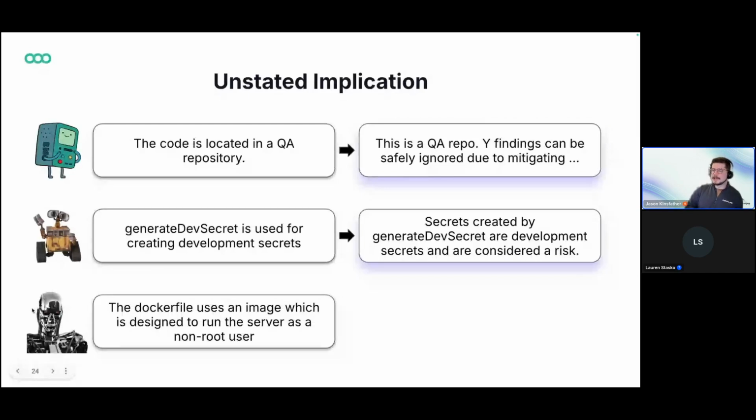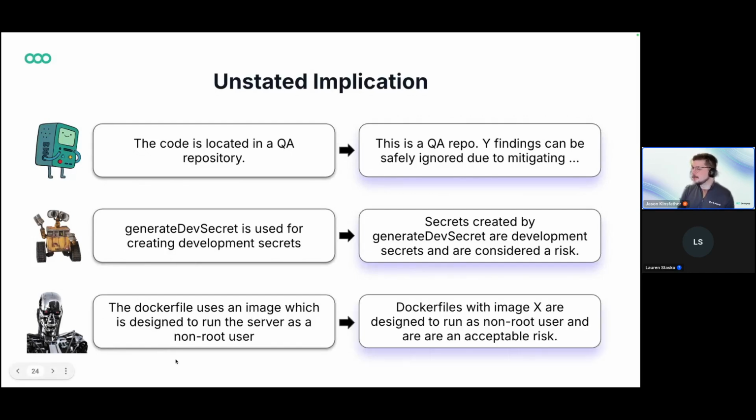And lastly, this Docker file uses an image which is designed to run a server as a non-root user. In this case, the rule identified that they didn't specify what user it was supposed to run as, and the customer said, well, you know what, it actually does. But again, what are the implications of that? Is that an acceptable risk? And also, you're saying the Docker file uses an image.